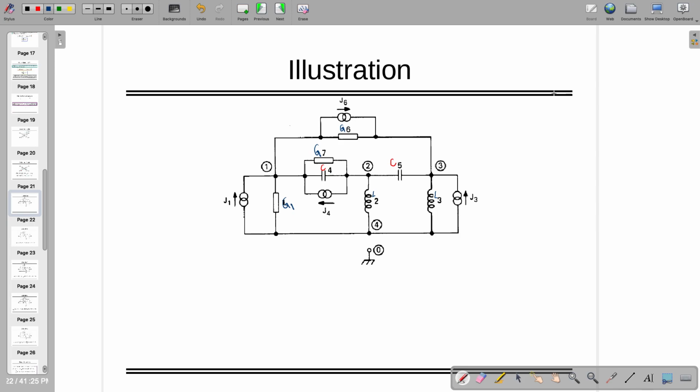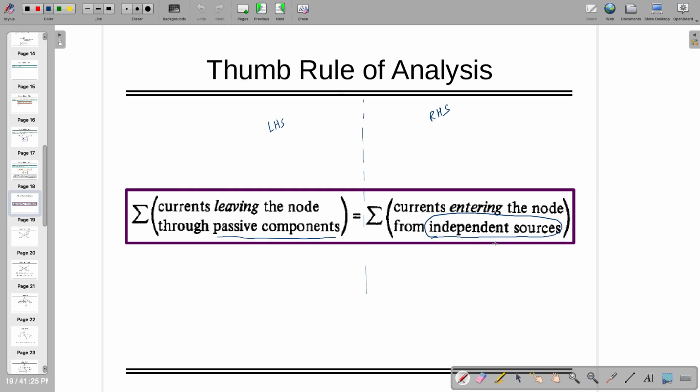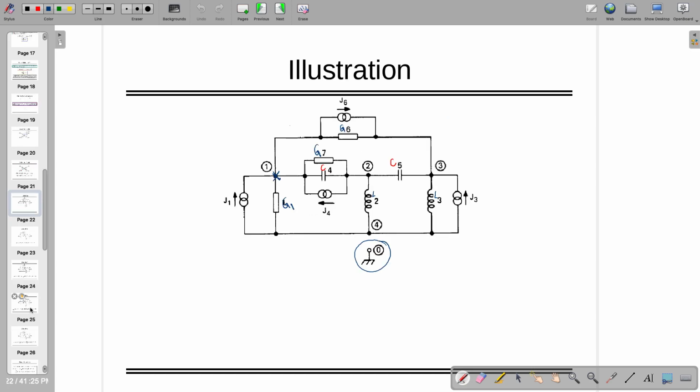You are going to follow what you have done previously, and we are not going to include 0 volt, so there are 4 nodes. Now let's start with the first node. Somebody can help me write it down. No, not J1. We already agreed that we keep all the independent sources on the other side, so right now do not worry about the independent source.